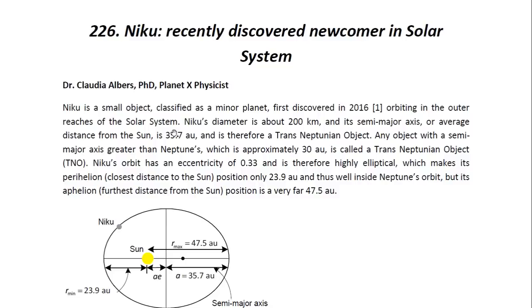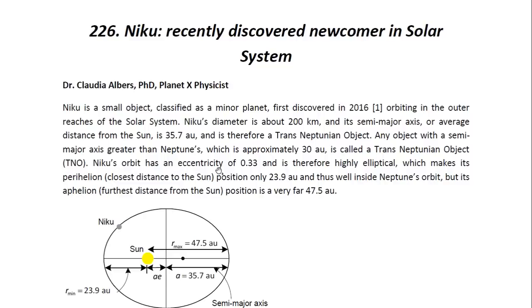And because its semi-major axis is 35.7 AU, it is called a trans-Neptunian object. Any object with a semi-major axis greater than Neptune's, and Neptune's semi-major axis is about 30 AU, is called a trans-Neptunian object, or a TNO.